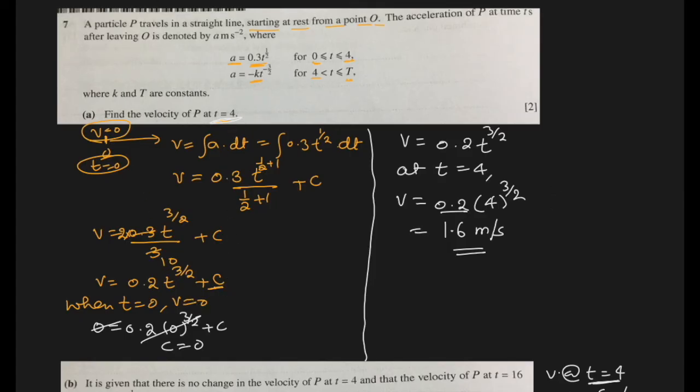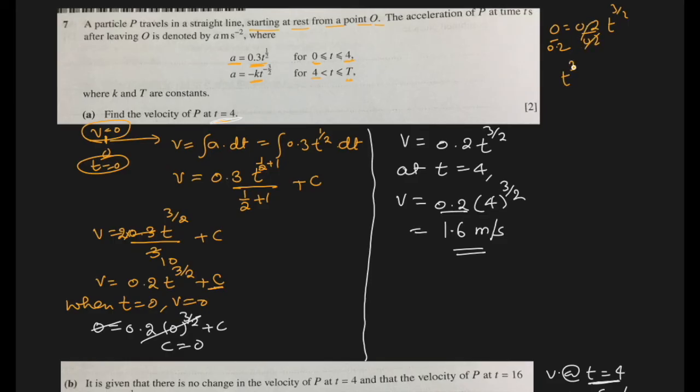Our equation for velocity from 0 to 4 was this. Yeah, this was the equation. Let's make it equal to 0. So 0 equal to 0.2 t to the power 3 over 2. This will give us a stationary point, a turning point. So divide by 0.2 both sides.